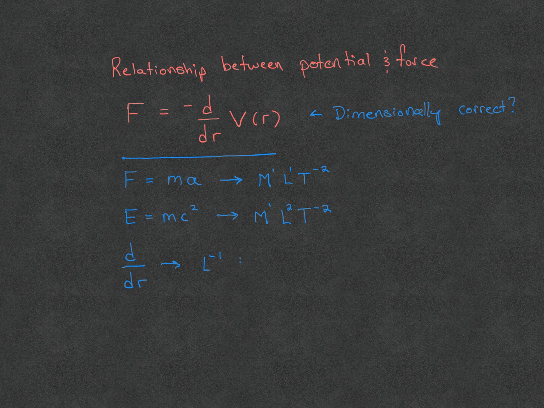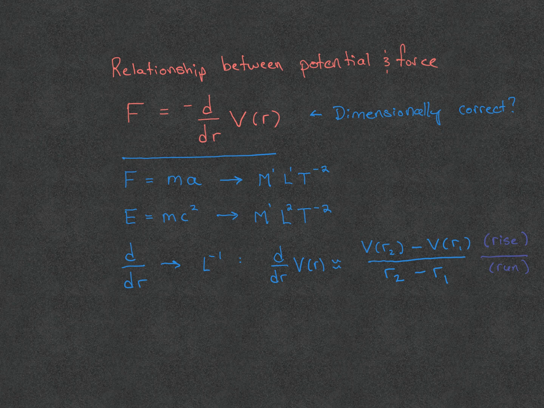So we could say that the derivative with respect to r of V of r is approximately equal to V at some particular value of r, which I'm going to call r2, minus V at some other value of r, which I'm going to call r1, divided by r2 minus r1, okay? This is a way of getting the slope. This is the rise of the function divided by the run of the function, okay?